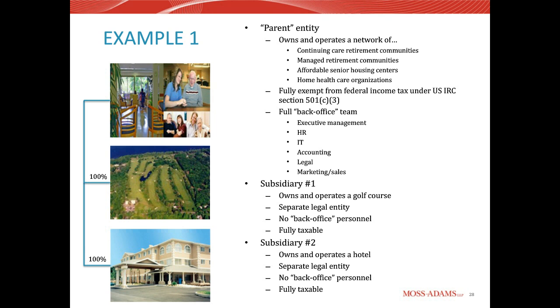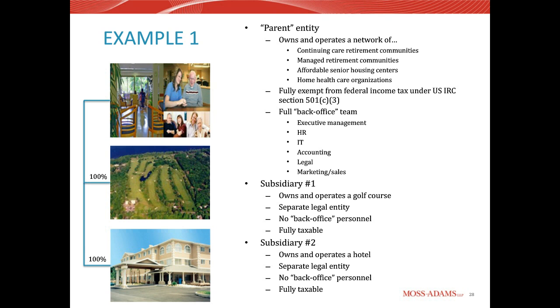All of this entity's activities are related to its exempt purpose, which is to create and enhance lifestyle opportunities for senior citizens. So it ends up being fully exempt from tax. And it just so happens that this entity has a full administrative staff that does all of the back office work, like human resources, IT, accounting, and so forth.